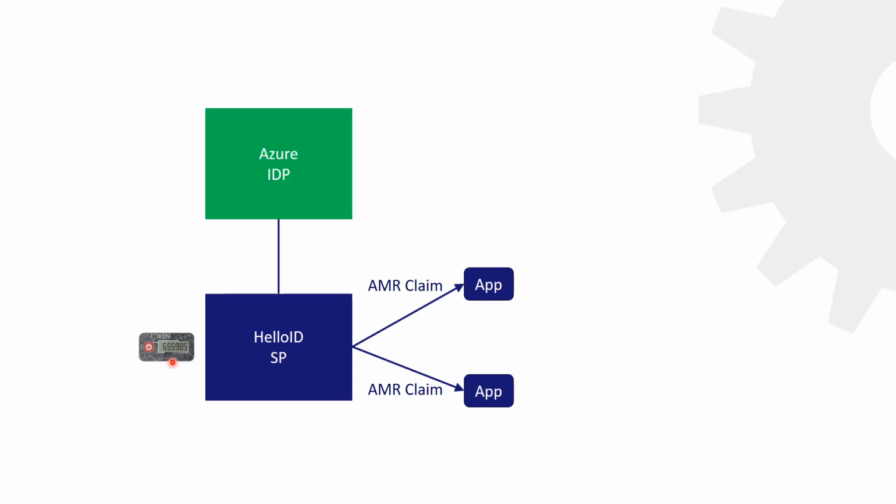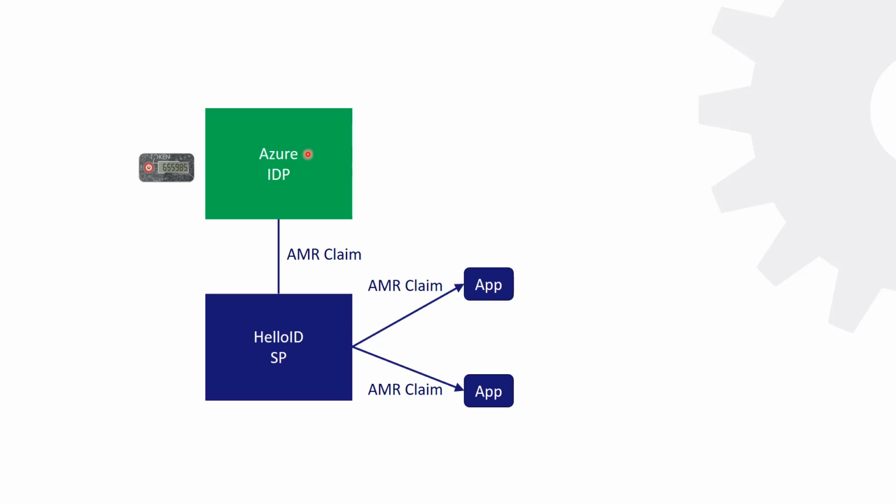The situation is that if you have Azure, and Azure is protected by the two-factor, you don't want to use the two-factor on the HelloID portal anymore, and you want to pass that information to these apps as well. Of course, this was already available, but this is new. So we also included the AMR claim if HelloID is the service provider and another IDP is the identity provider.